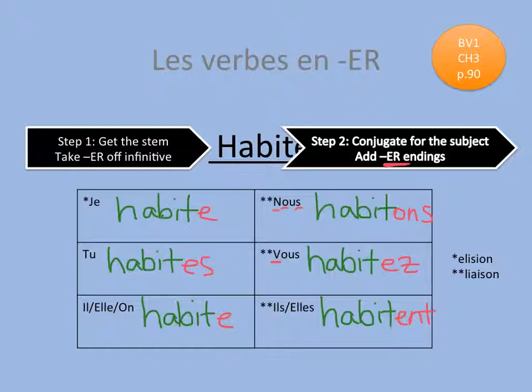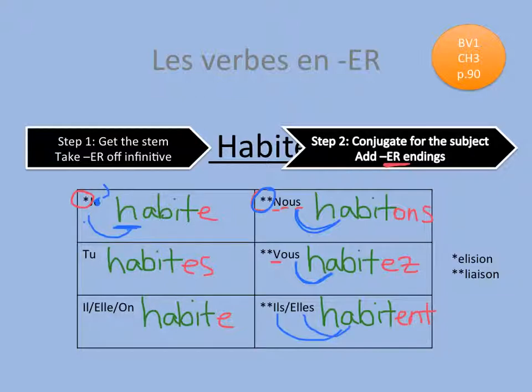Notice that just like with aimer, we have these stars here because the H is silent. So we have to use elision here, get rid of this E and add an apostrophe. So we have j'habite instead of je habite. And here we have nous habitons, vous habitez, ils habitent, elles habitent.